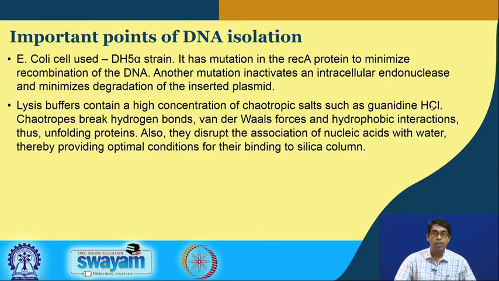These are salts which interfere with the formation of hydrogen bonds, and that is why they denature protein. And the same thing also happens in case of DNA. It breaks the hydrogen bonds, it interferes with the van der Waals forces and also the hydrophobic interactions. So, all of these result in denaturation of the protein. It also results in denaturation of the DNA.